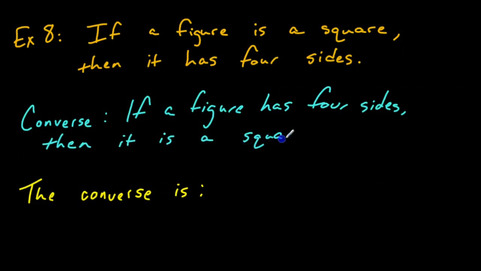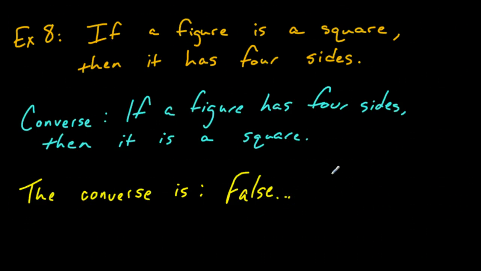All we did is flip it. And we'll be asked now, is that converse a true statement or a false statement? All we have to do is find one counterexample to make it false. And we've got one. It's false.